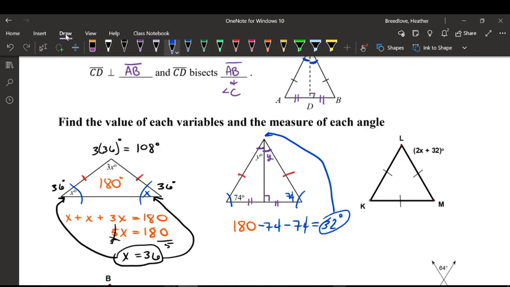So if this whole angle is 32 degrees and it's cut in half, I could say 32 and divide it by 2, right? And that would make each one of those 16. So y would be 16 and y would be 16.